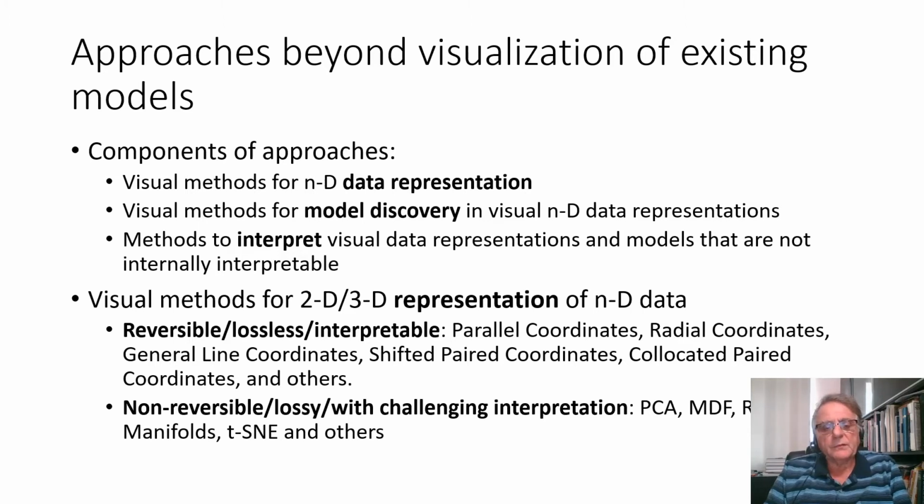Visual methods for 2 and 3D representations of ND data include 2 major classes of methods. Reversible, lossless, interpretable methods include parallel coordinates, radial coordinates, general line coordinates, and their particular types like shifted, collocated, and so on. Non-reversible methods include principal components, multidimensional scaling, multiple manifold t-SNE, and many others.